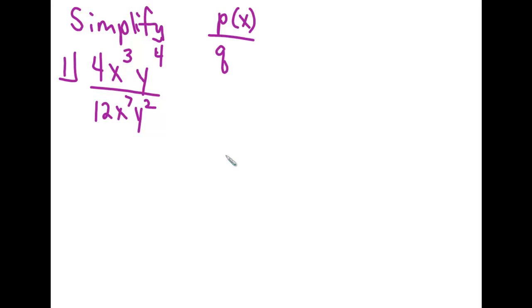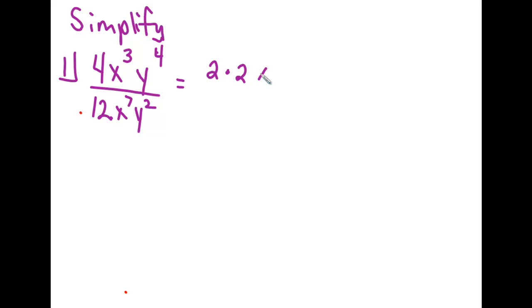This is a rational expression because I have a fraction in the form of a polynomial divided by another polynomial, where q of x cannot equal 0. Let's start to simplify by breaking down these numbers into their lowest possible parts, or the prime factors. 4 is 2 times 2.